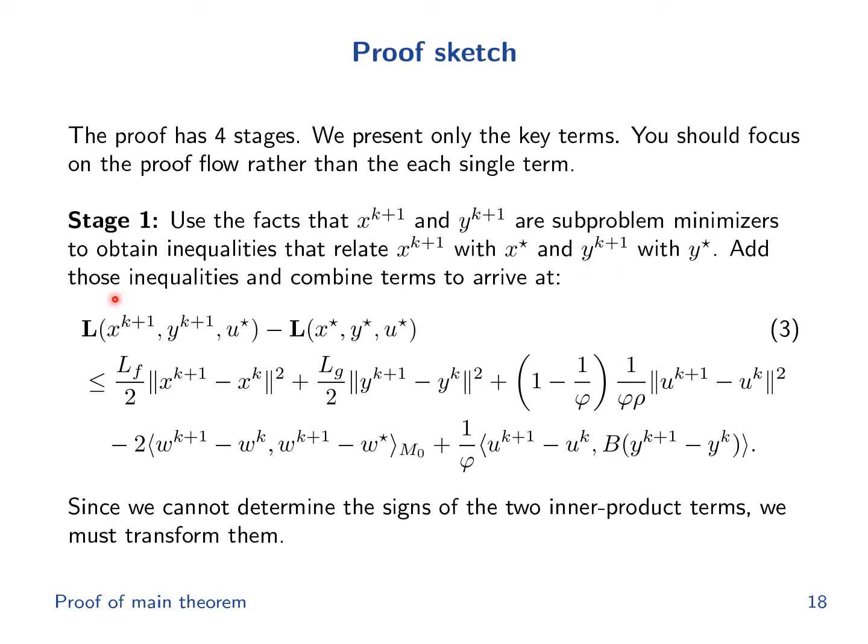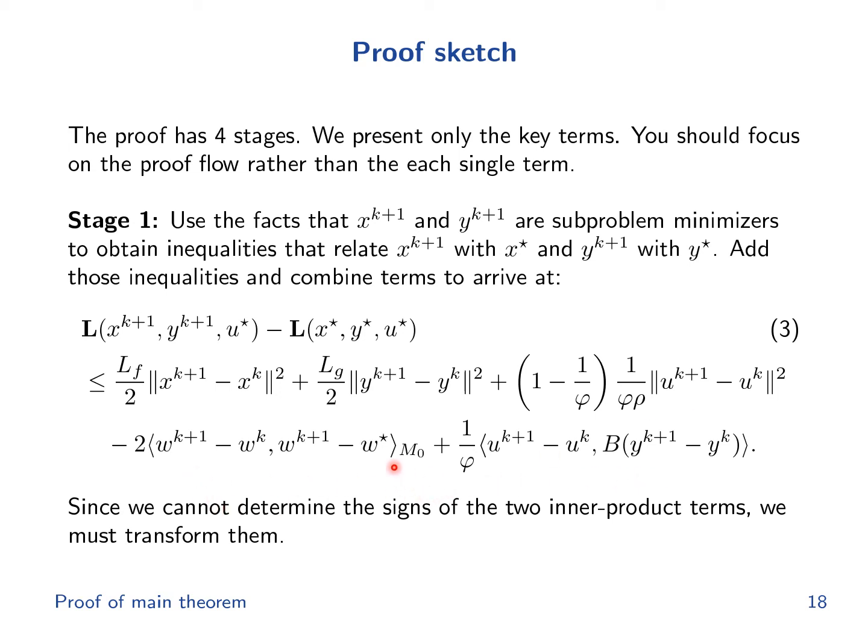Adding the two inequalities and using definitions of Lagrangian L and definition of update uk plus 1, you can write down this inequality where the left-hand side is non-negative due to the definition of Lagrangian, and the right-hand side includes 4 squared terms and 2 inner product terms.